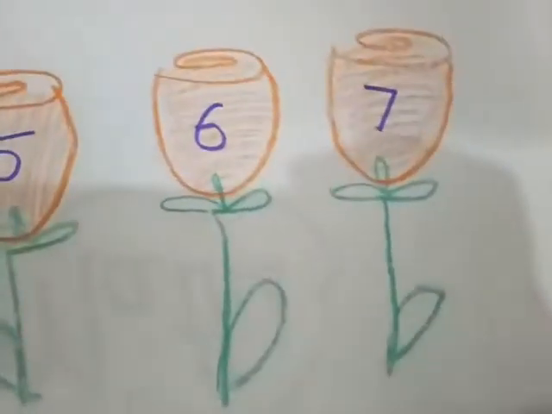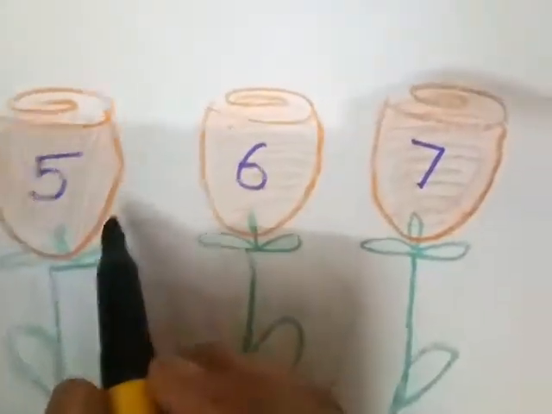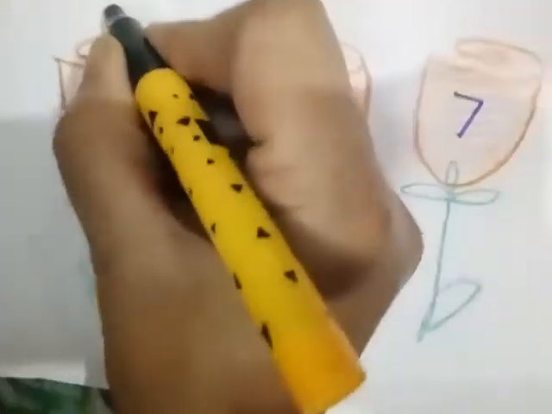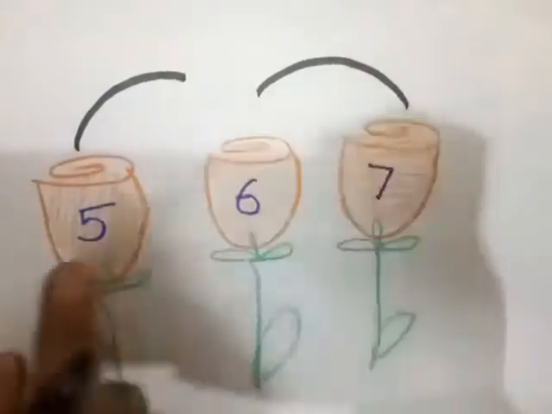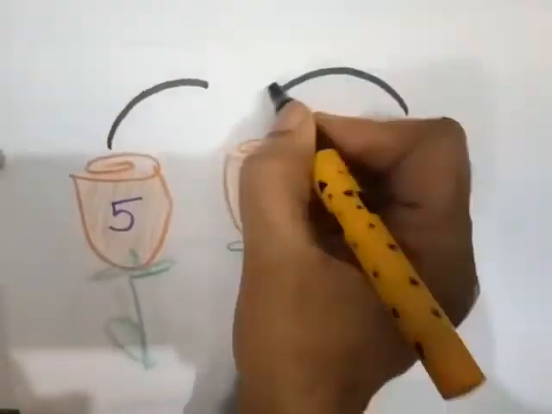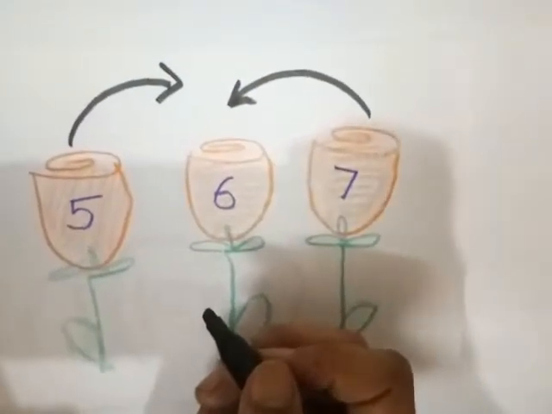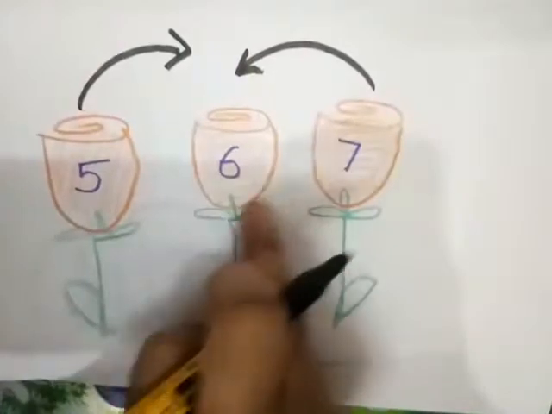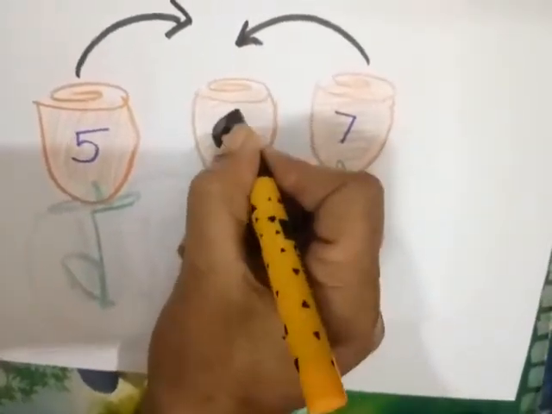Now, I will ask you: can you tell me which number is in between 5 and 7? Yes, in between 5 and 7 is number 6.